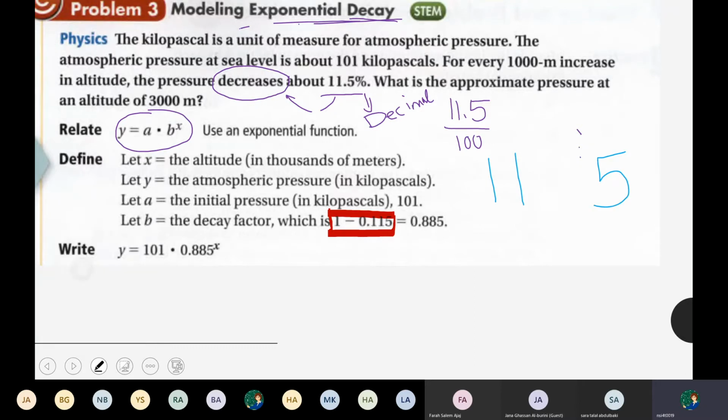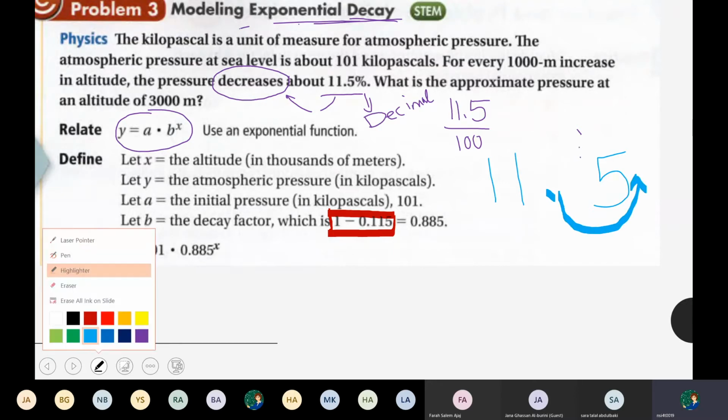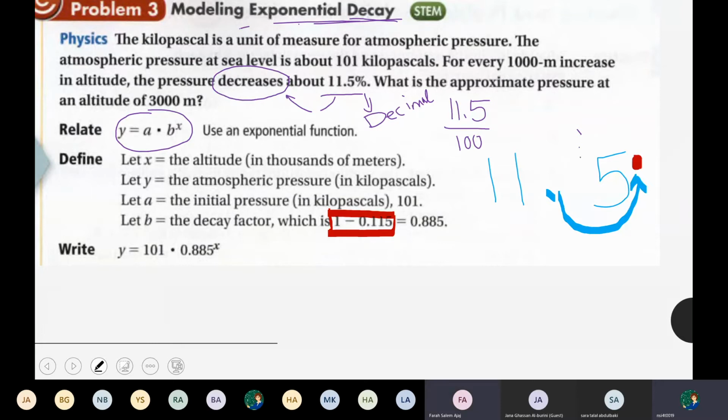Here I have my decimal point. I just want to move the decimal point. If I move it to the right, I multiply by 10 or just add 0. So it comes as 115 over 1000. Is it clear until now?